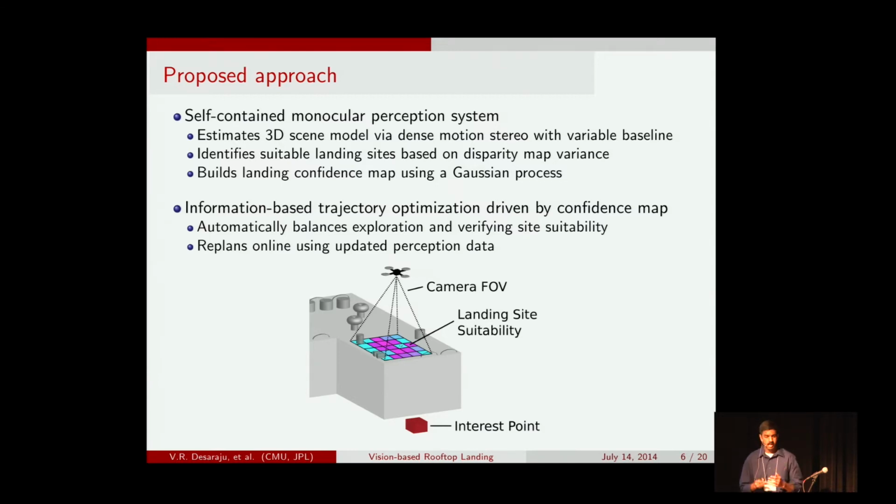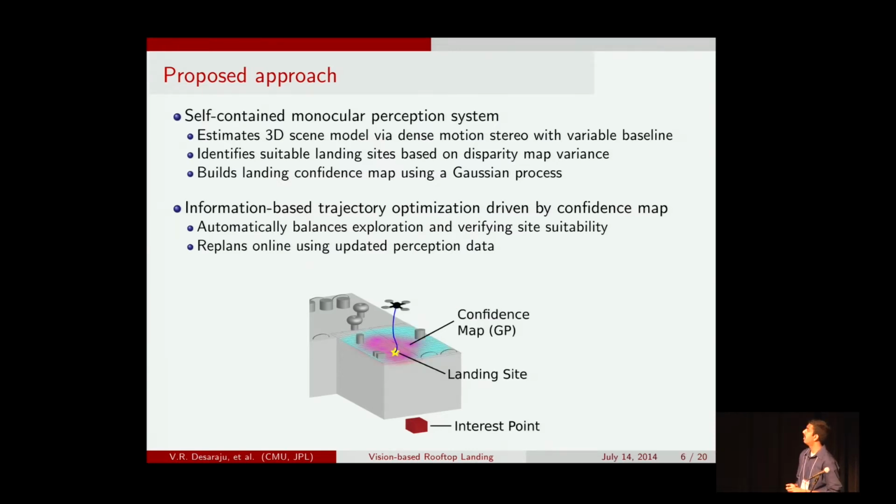Then we identify suitable landing sites from this model based on an analysis of the disparity map that's generated. This is illustrated in this little cartoon down here, with the magenta squares corresponding to high confidence locations. From these measurements, we can generate a landing confidence map in the form of a Gaussian process, which is again illustrated by the gradients here.